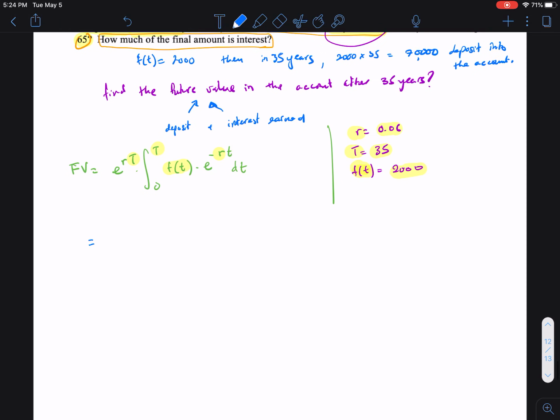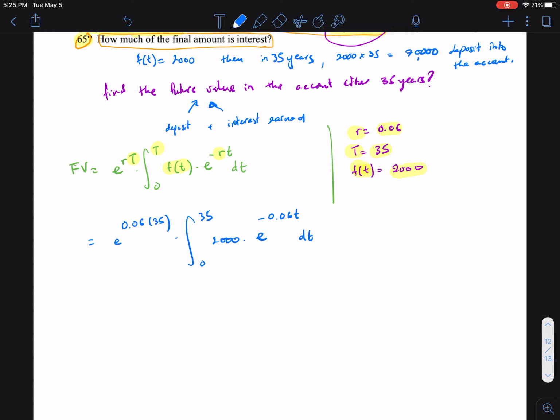So it equals, all right, e to the 0.06 times 35 times the integral from 0 to 35. f of t is 2000 times e to the negative r, which will be negative 0.06 times lowercase t, times dt. So this has become the definite integral of just an exponential function with base e.